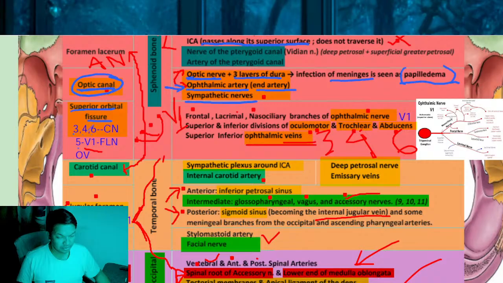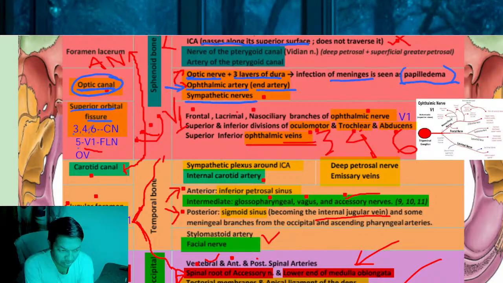Olfactory, optic, oculomotor, trochlear, trigeminal, abducens. Up to here. Then we have oculomotor, trochlear, and abducens.